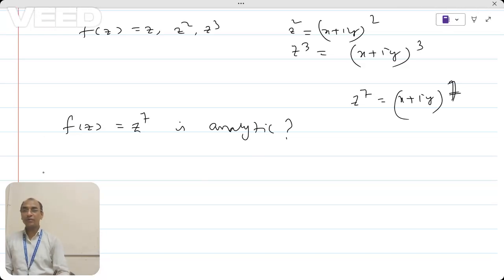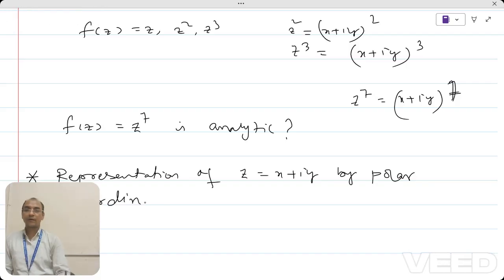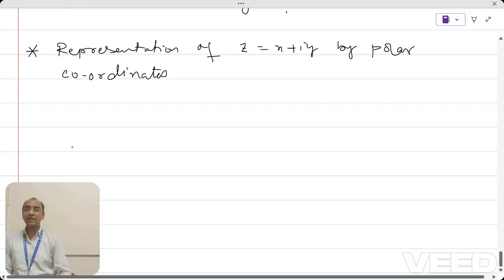Hence, I would like to give you the representation of a complex variable z, which is x plus iy, by polar coordinates.